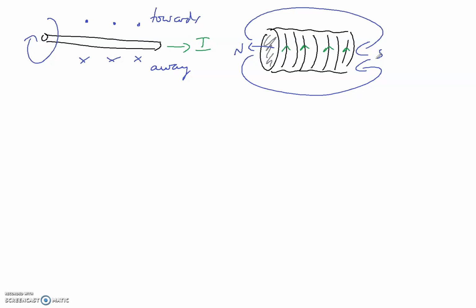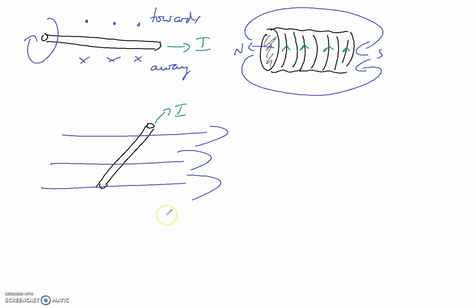We also did a little bit of work with wires and magnetic fields, where if you have a wire with current going through it, so the current's going through, and we have a magnetic field going across, something like this. And we said if you put a current through a wire, of course, it is also going to produce a magnetic field around it.